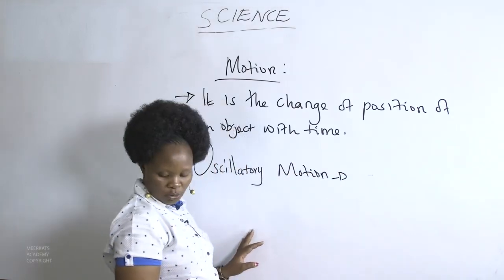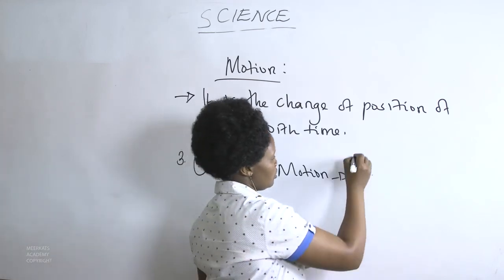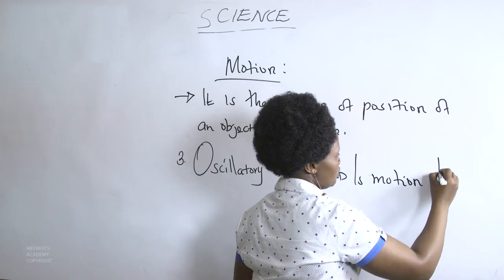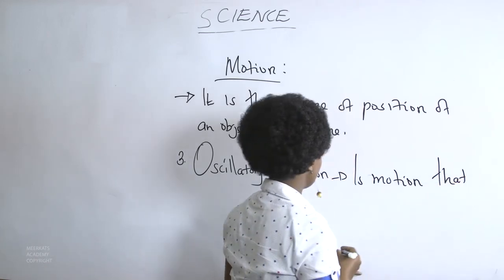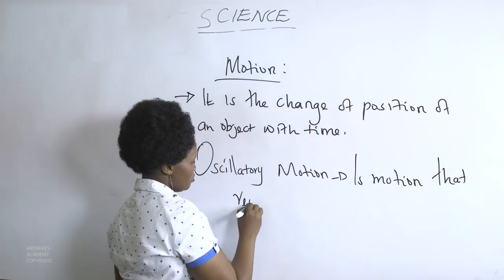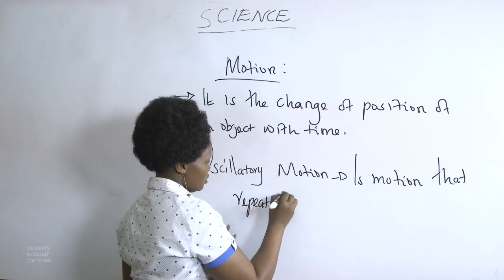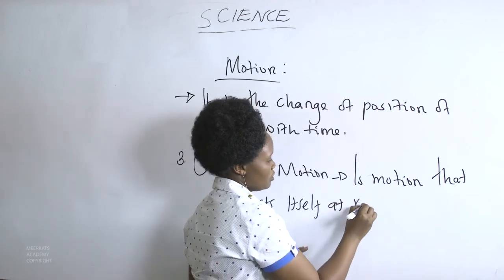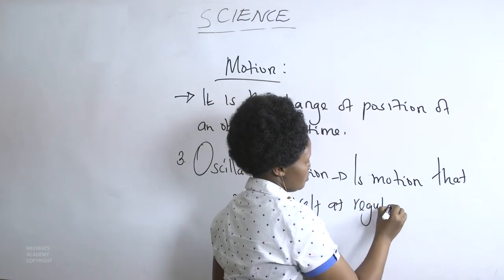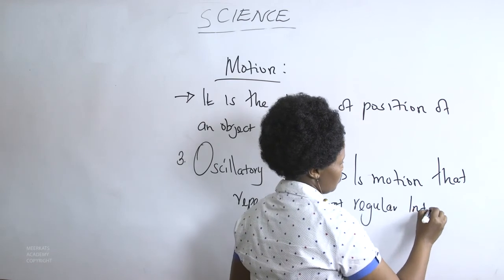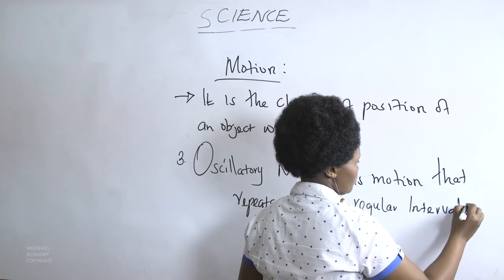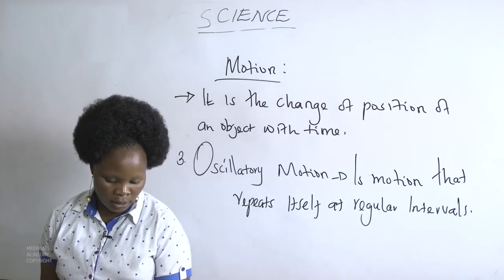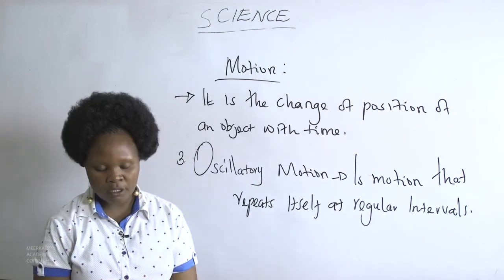Oscillatory motion is motion that repeats itself at regular intervals.